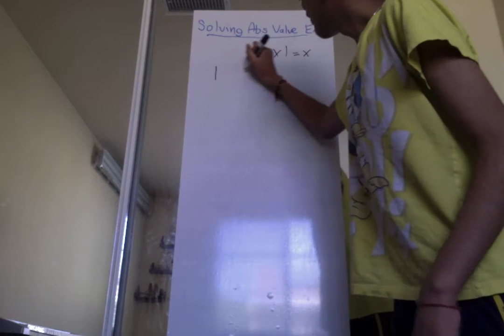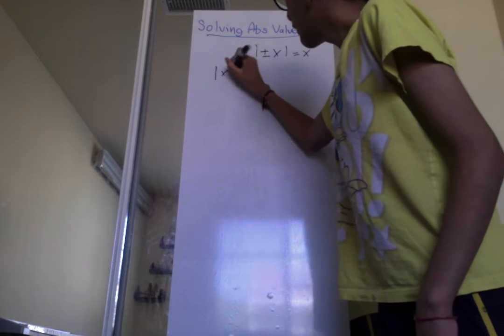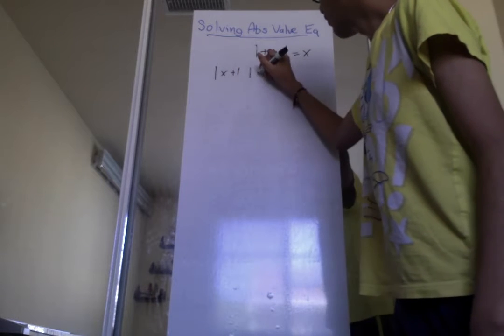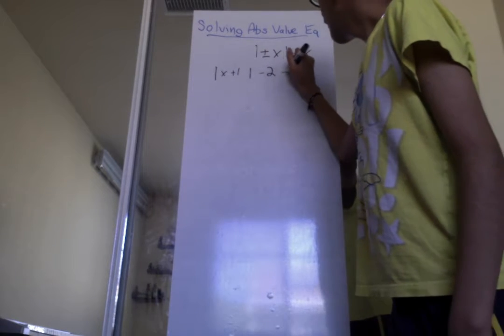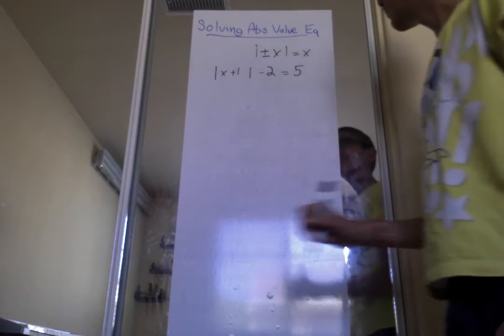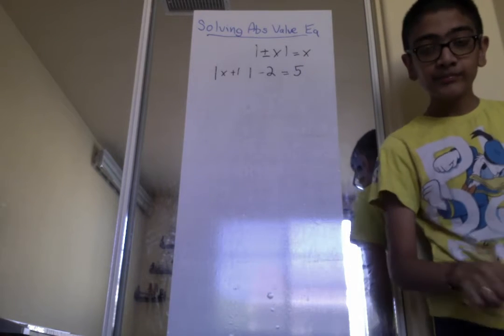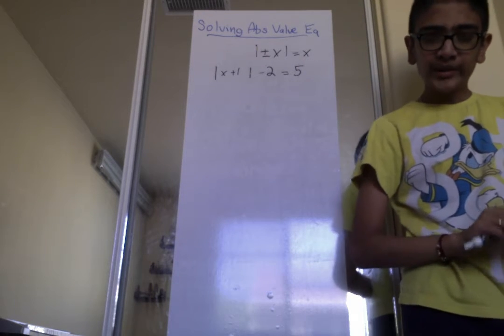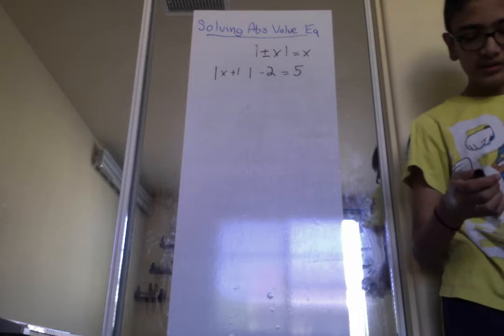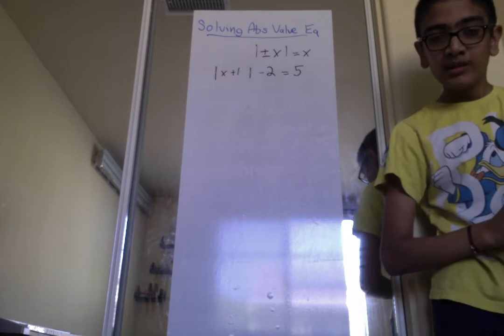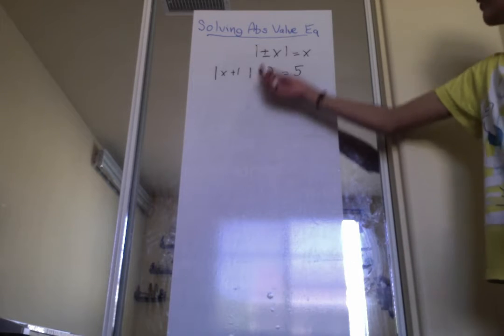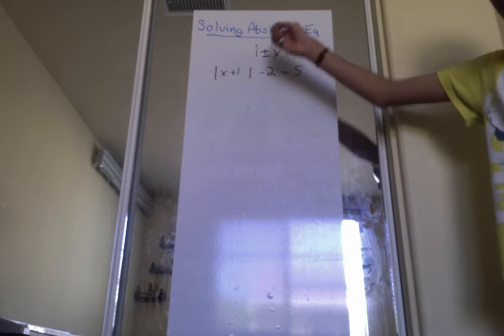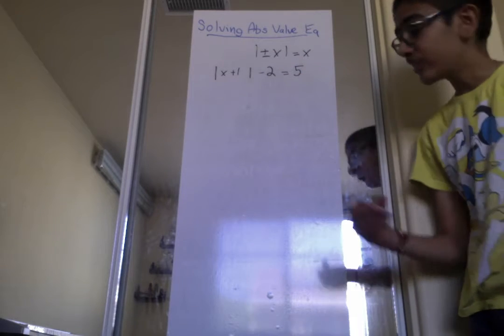Let's do the absolute value of x plus 1, minus 2 equals 5. Let's do that one. One thing that's going to be weird is that there's an absolute value here. And with absolute values, whether the inside is positive or negative, we could have the same answer.